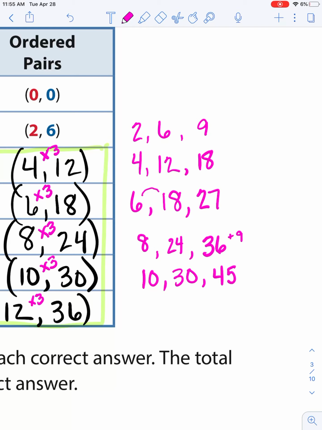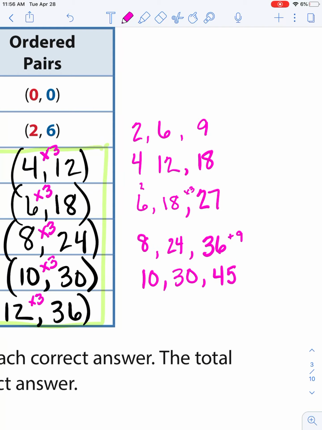How'd you get from 6 to 18? Times 3. Can you do a times 3 here? No. Are we skipping? Are we doing like multiples that we're skipping? So this is the second multiple of 3.